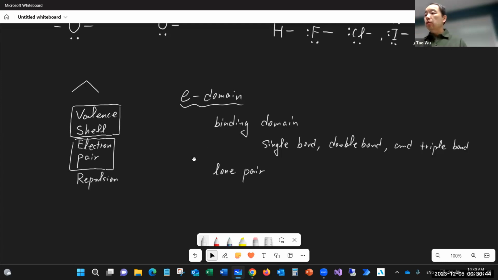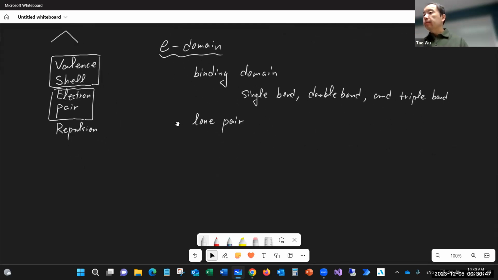Okay, so electron domains are counted from the bonding domains, single bond, double bond, triple bonds. Lone pairs are also counted. So if we look at this carbon connected with 4 bonds, how many electron domains does this carbon have? 4. Each single bond counts as one electron domain.